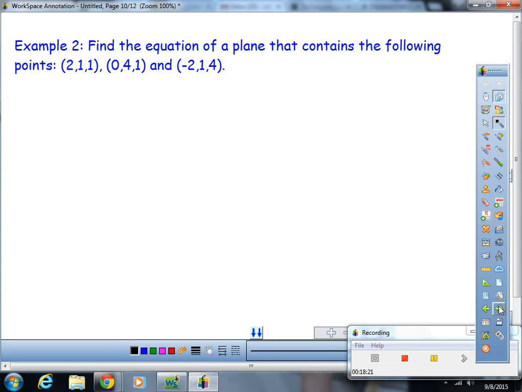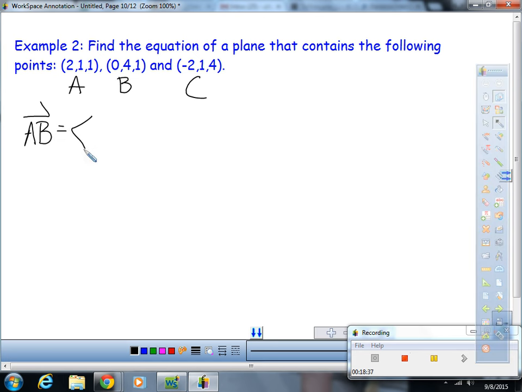Okay. Find the equation of a plane that contains the following points. So we've got an A, a B, and a C. Well, we know that vector AB will be -2, 3, 0, and we know that vector BC from B to C, -2 minus 0 is -2, 1 minus 4 is -3, 4 minus 1 is +3.